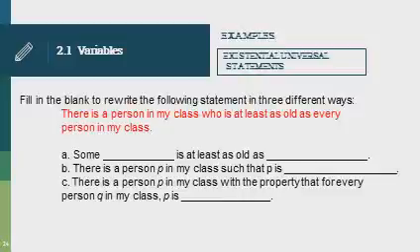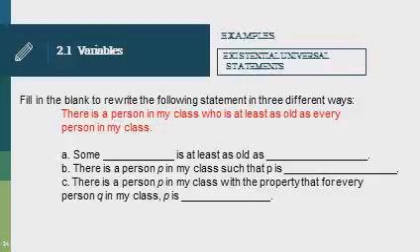Okay, let's try to answer this one. Given natin, statement na existential and universal is there is a person in my class who is at least as old as every person in my class. Okay? So, let's try to answer the first one. Some blank is at least as old as blank. Letter B, there is a person P in my class such that P is blank. Nagkaroon na tayo ng variables doon.